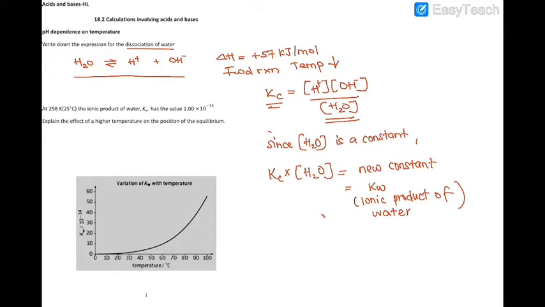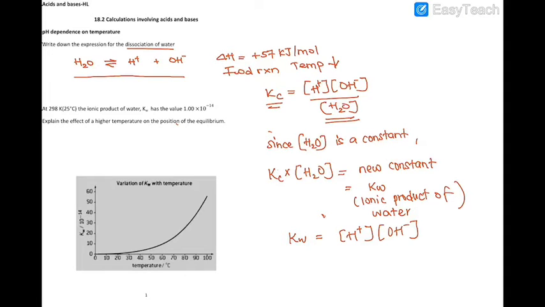And this is called Kw. Kw is the ionic product of water. Now, Kw can be written as the expression of the multiplication of the concentrations of H plus and OH minus.